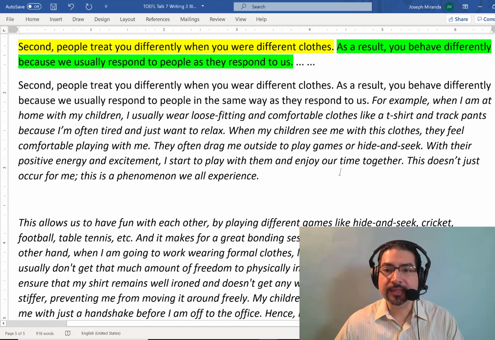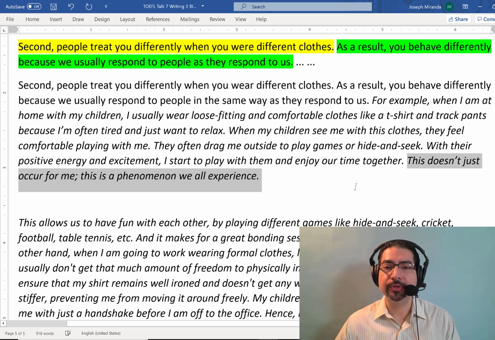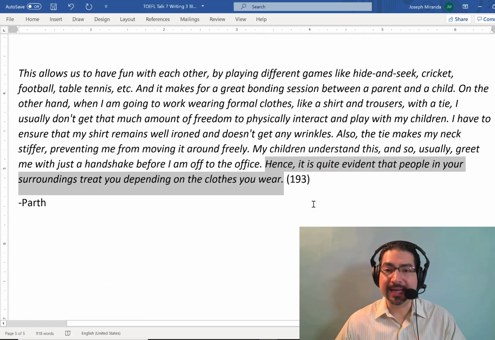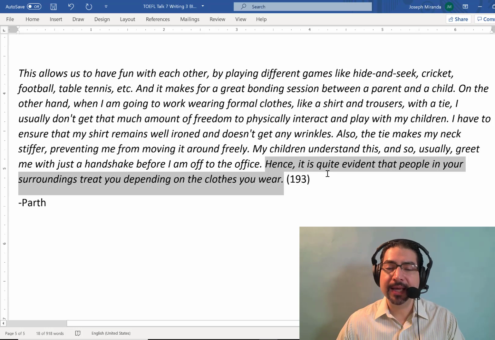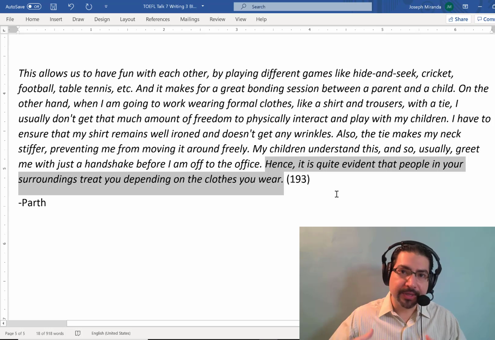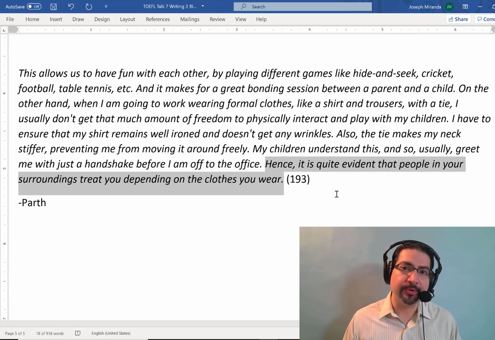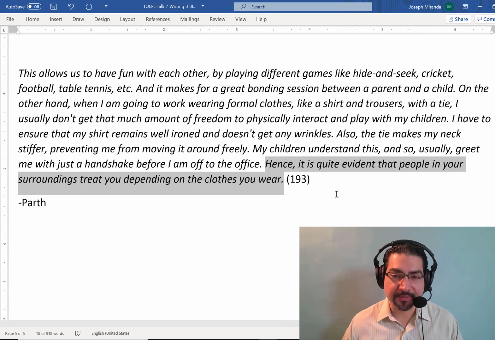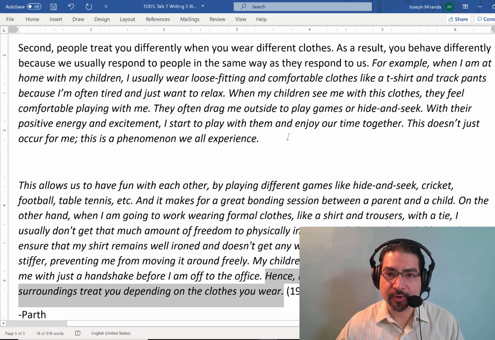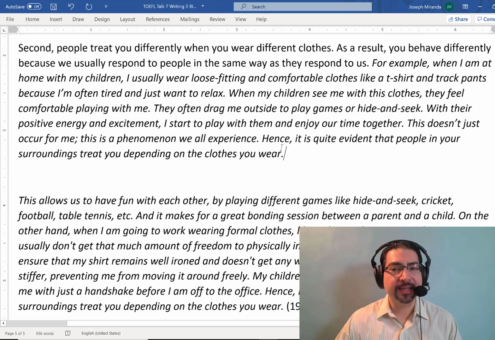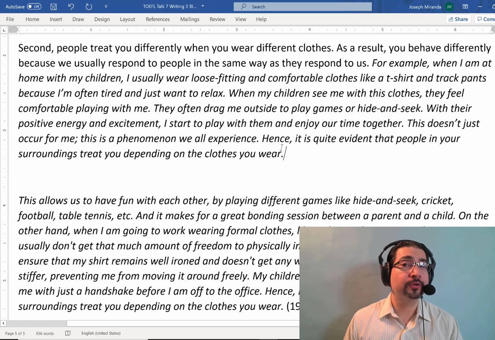Now, this kind of serves as the conclusion for step 4, but I want a slightly stronger conclusion. And here in the conclusion, you see that the conclusion is meant to repeat how this example strengthens the reason to my answer, my belief. So when we say, hence, it is quite evident that people in your surroundings treat you depending on the clothes you wear, that's not quite the full chain.